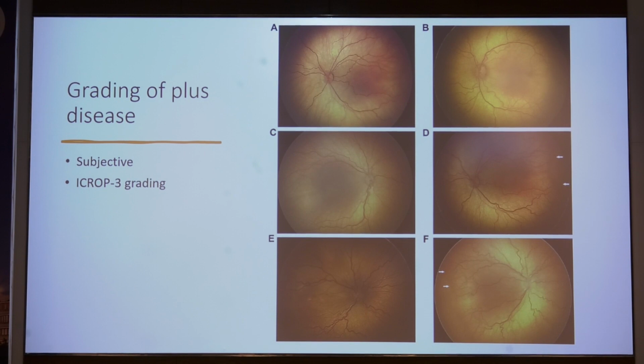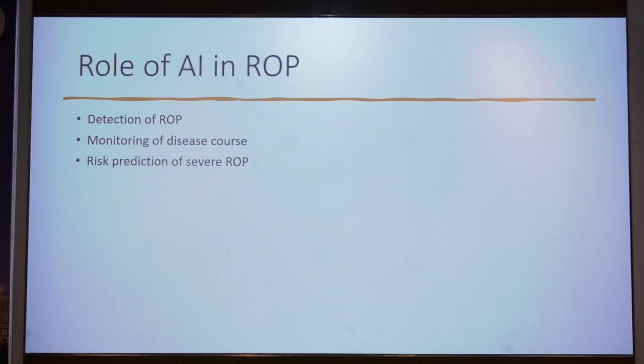So the grading of plus disease has become more subjective. If you do not have such reference photographs with you in the clinic, you may end up reporting it sometimes as mild plus or sometimes as plus disease. So the subjective variability is going to increase if you are using the ICROP3 classification.